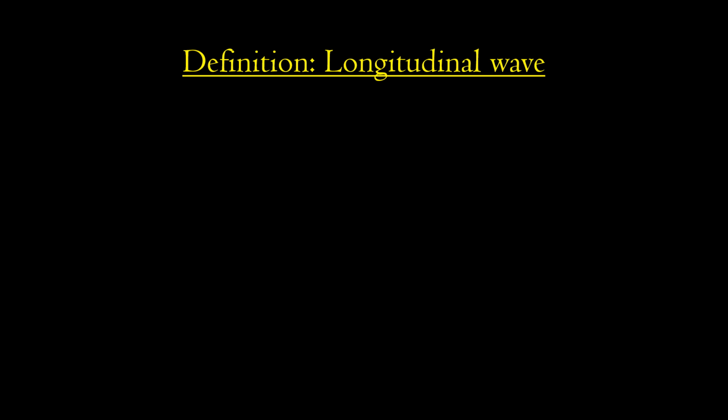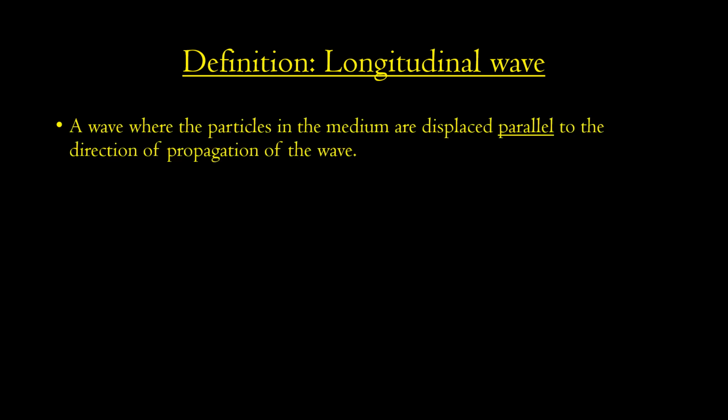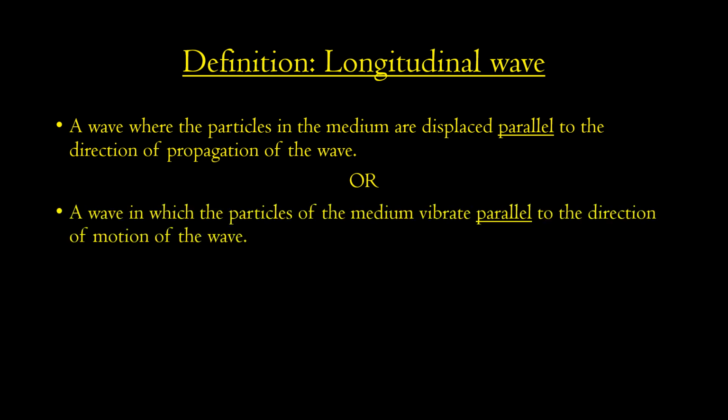Therefore, a longitudinal wave is a wave where the particles of the medium move parallel to the direction of propagation or movement of the wave. Or another way we can define a longitudinal wave is that it is a wave in which the particles of the medium vibrate parallel to the direction of motion of the wave.